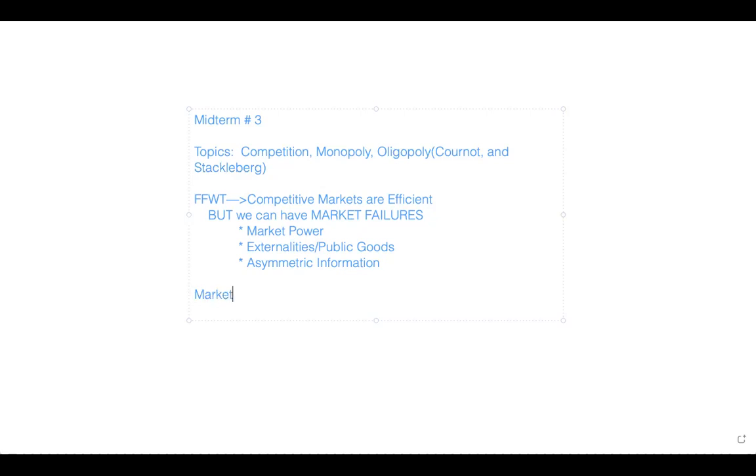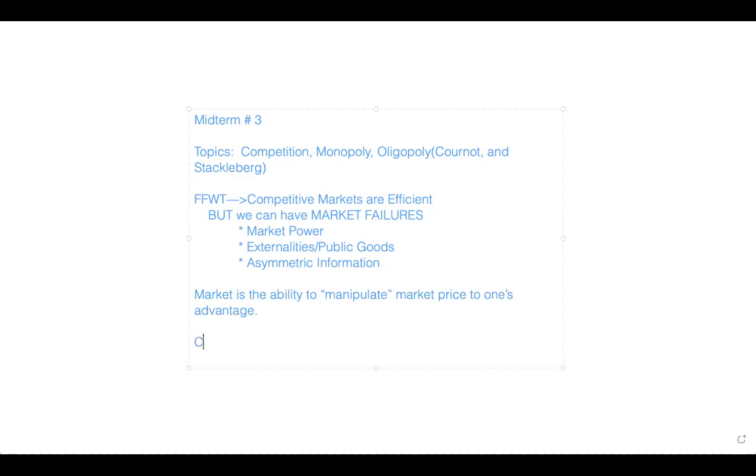And market power is the ability to, and I'm going to put in quotes here, manipulate market price to one's advantage. Now, basically, what does that mean?